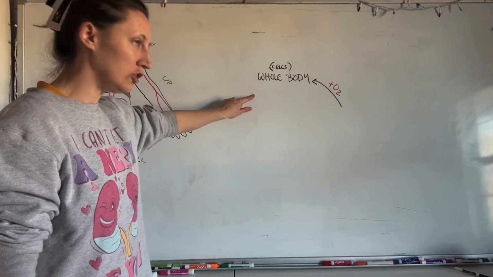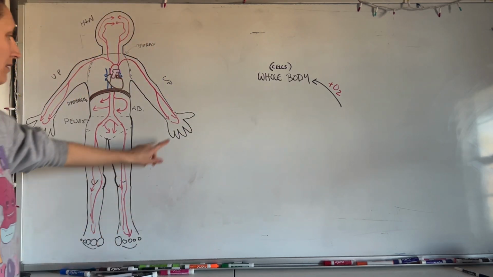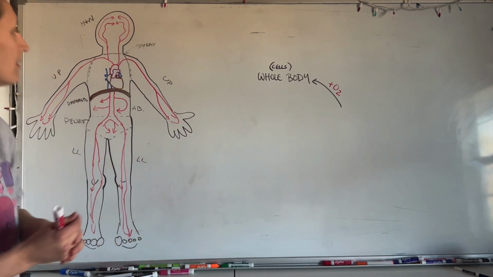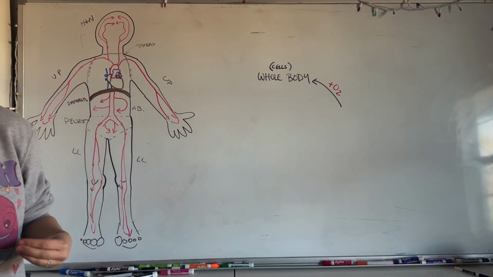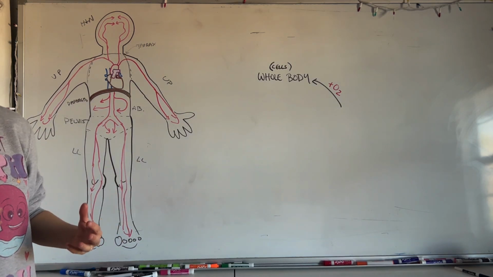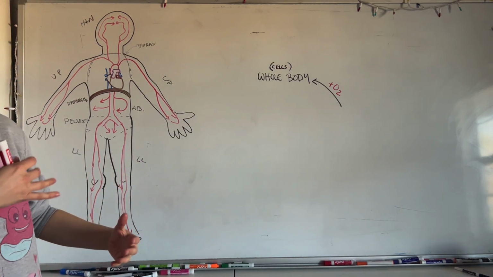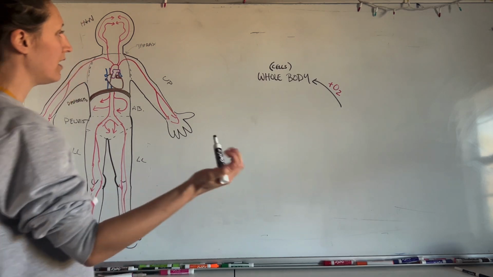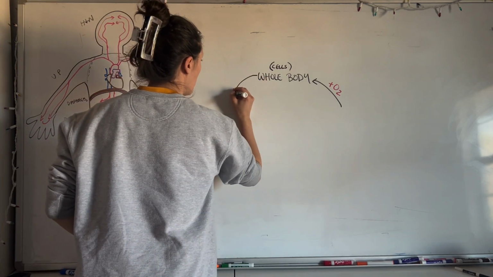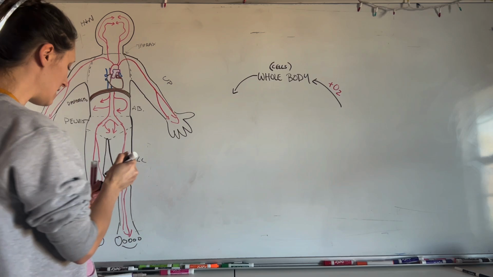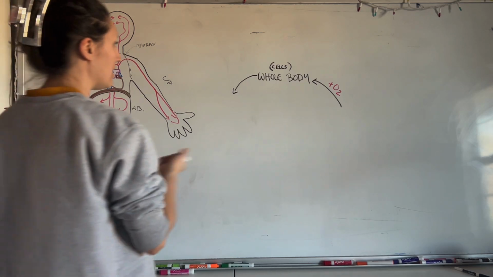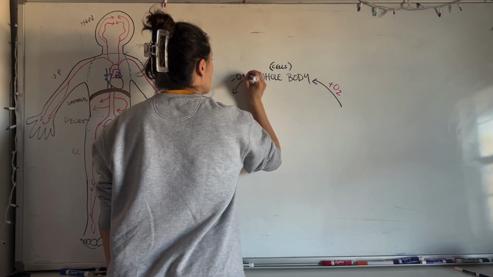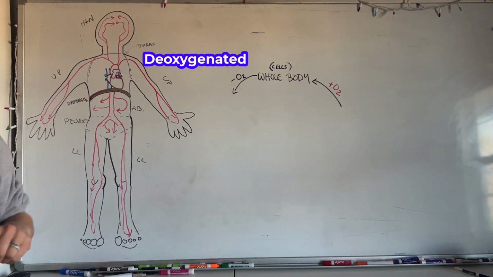At the tissues of our body, at the tips of our fingers, at the capillary level, we do gas exchange. The cells use the oxygen, and now it's taken out of the blood. What's left in the blood has to go back to the heart, and it now is O2 negative. We are not oxygenated. We are deoxygenated.